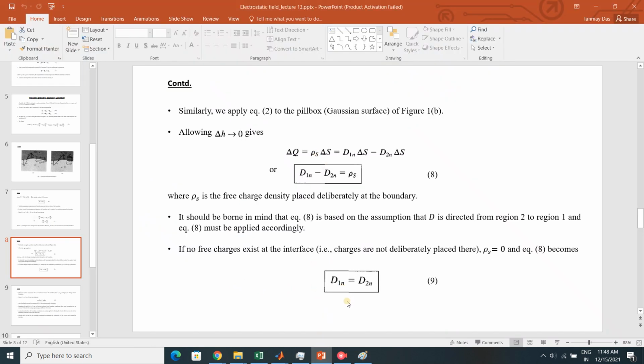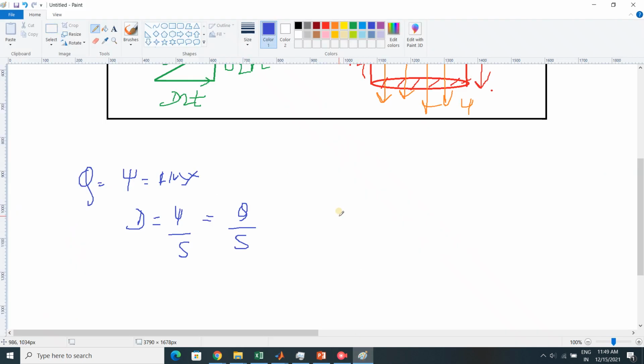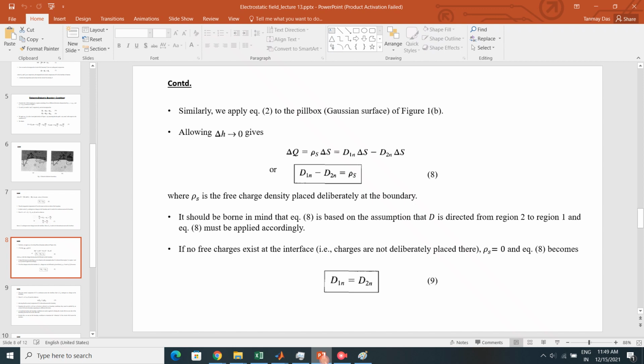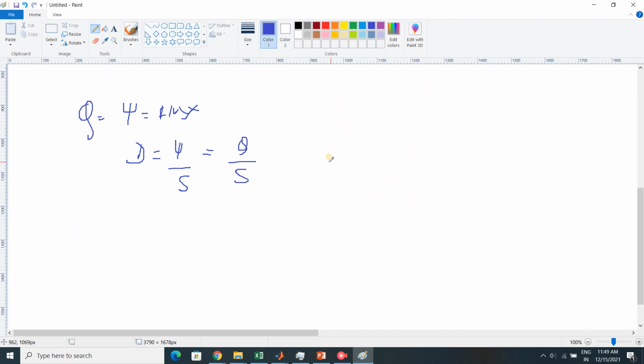If we consider the total charge inside the surface, Q, the total charge equals the surface charge density into the surface area. So we can write Q equals rho s into delta S.